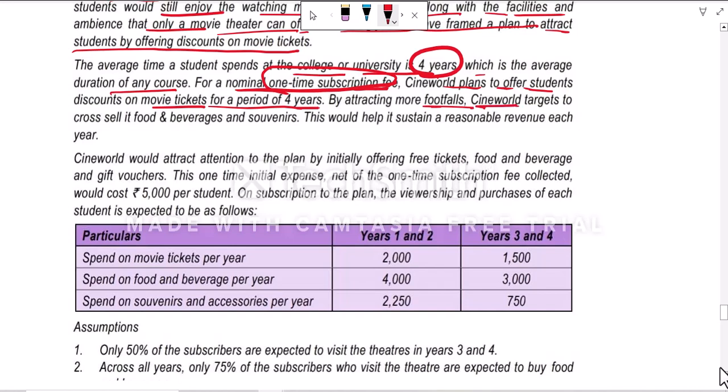Cineworld targets to cross sell food and beverages and souvenirs. This would help to sustain a reasonable revenue each year. So side by side they also want to sell food and some accessories in the theater itself, so that every student who comes there will give some revenue from that.